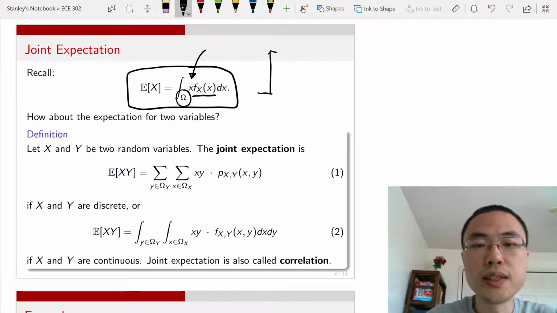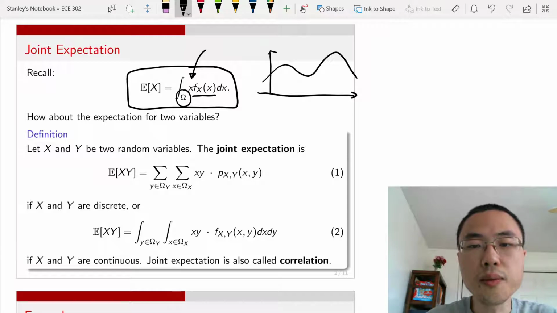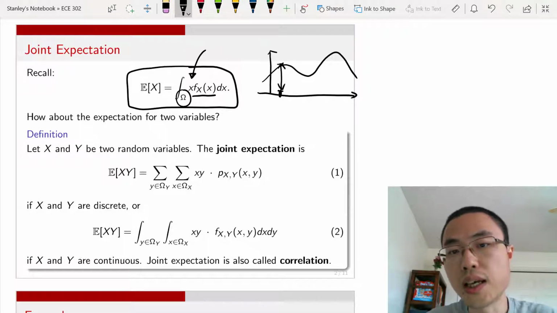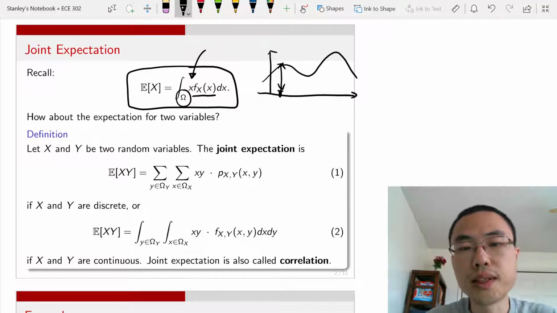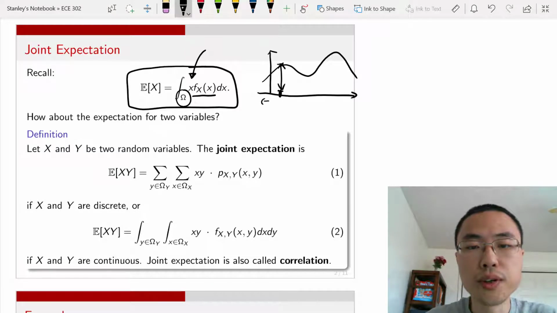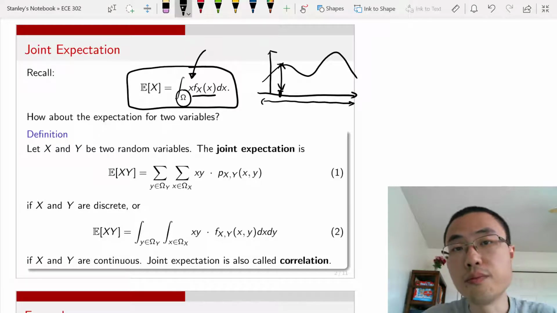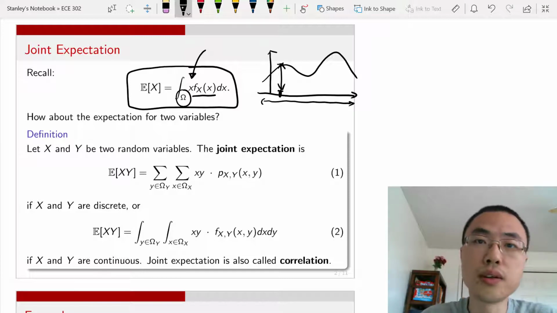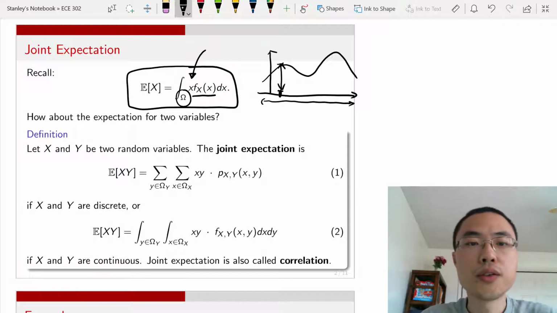This can also be seen if you plot the PDF here, and say this is my current state value, and then I multiply the height of this PDF. That will give me some number, and then I integrate from here to here. That will give me the average, or the mean, which we call the expectation. So this is for the one variable case.